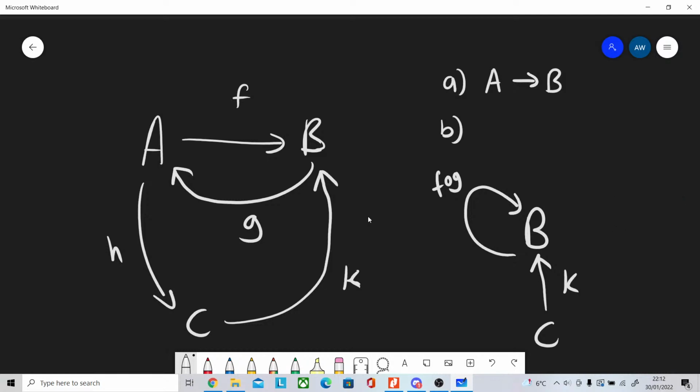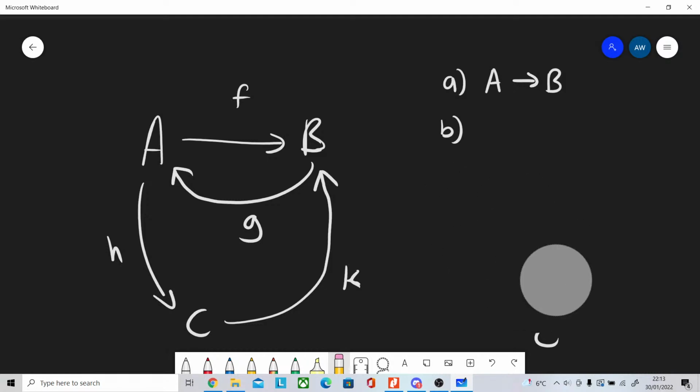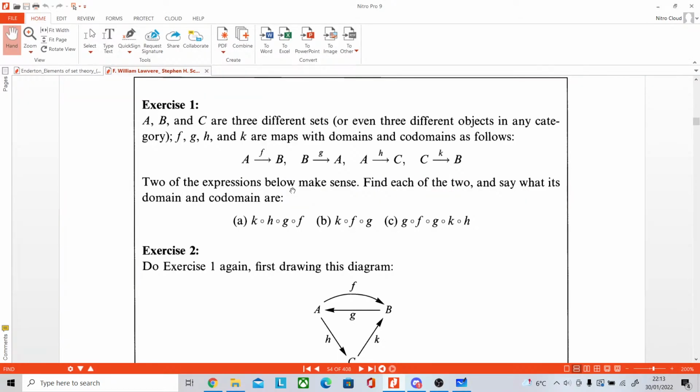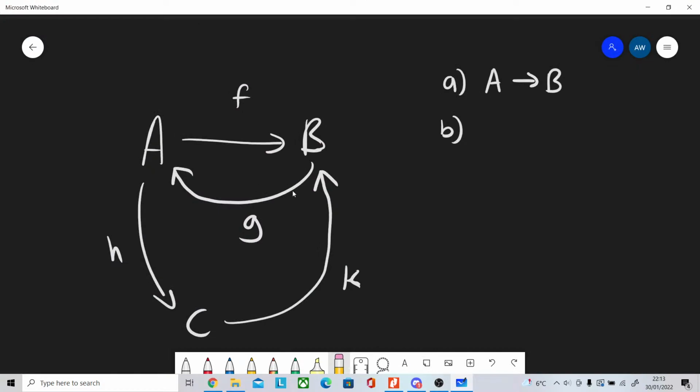But then we can't continue the path because these arrows point from C to B, not from B to C. So there's no way to complete the composition. It's not valid. So B is a no-go.